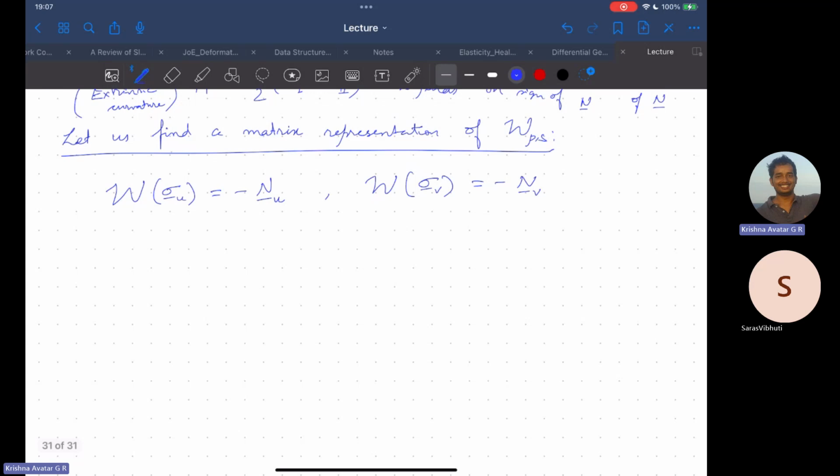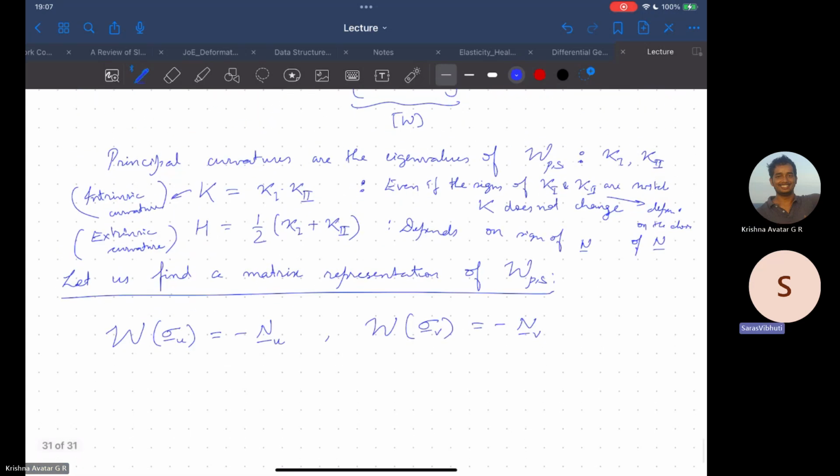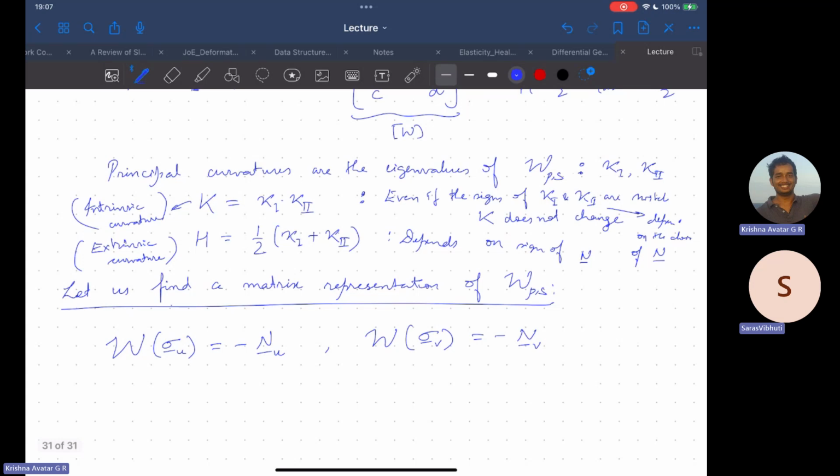So you saw that W of sigma_u is equal to minus n_u and W of sigma_v is minus n_v. One more thing: in general, if we have a surface and we talk about the choice of normal vector at any point, then generally, if we have a closed surface, we take a vector pointing outside the surface.